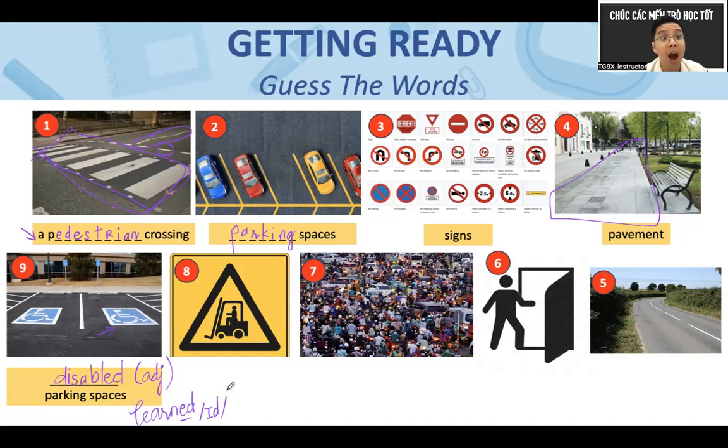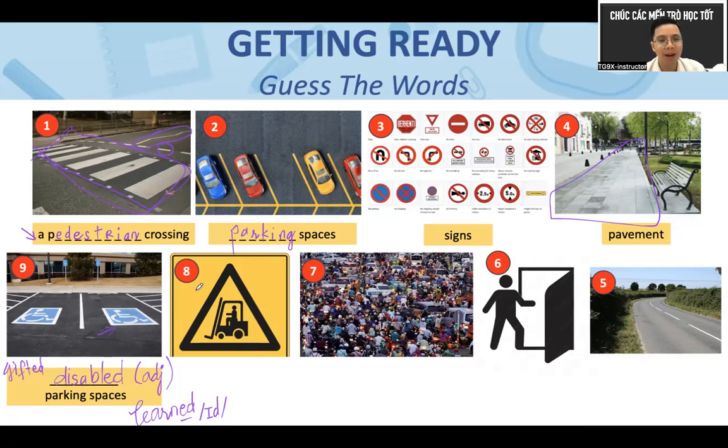Or the young, the old, and the disabled. One more, I love this: the gifted. Yes, we have schools for the gifted, classes for the gifted. The gifted are the people who study very well at some subject.